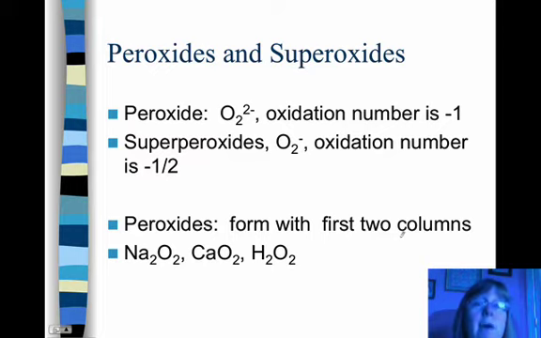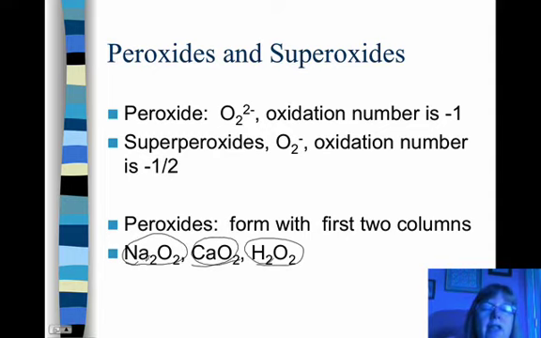of -1/2. These are rare, and these happen when we combine oxygen with either a group 1A or a 2A metal. All right, so here we go. Here is sodium peroxide, and this is calcium peroxide and hydrogen peroxide. Okay, sodium has to have a +1 charge.